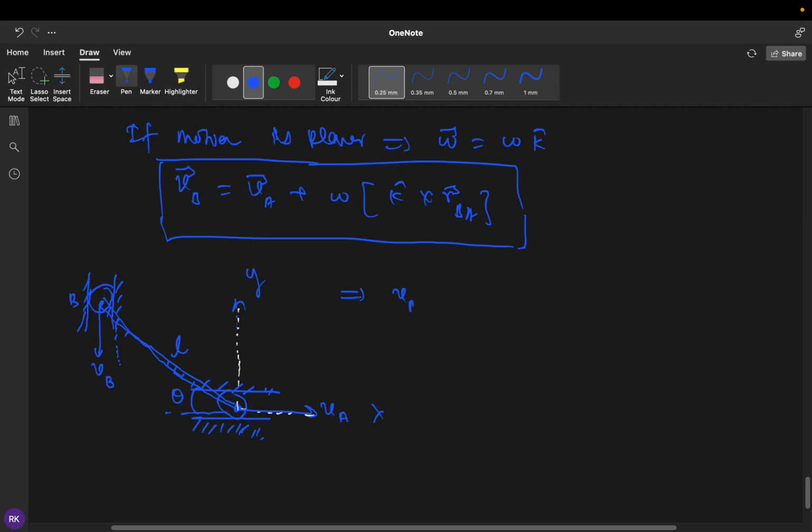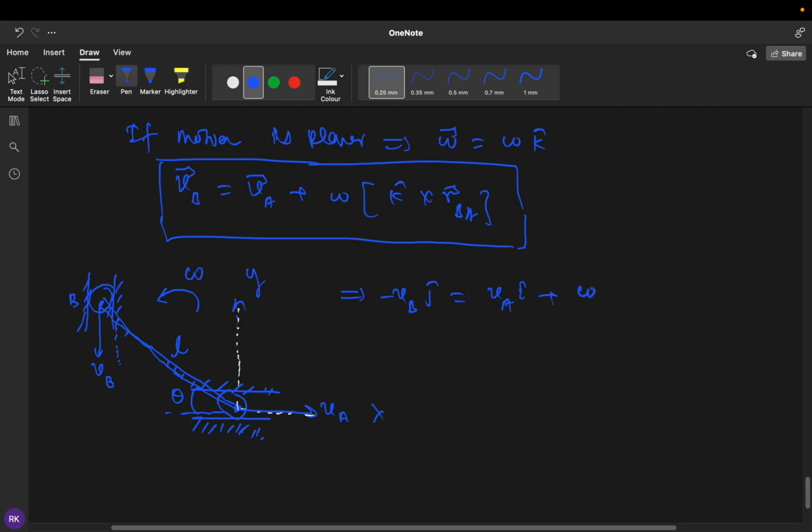So we can write VB, minus j, equal to VA i plus omega k cross. Now I don't know the direction of omega. Since you have written omega like this, you can assume that this link is rotating in this direction. It is a default direction. We don't know, it depends on the magnitudes of VA and VB. So that's why I have written omega k, which is in the z direction.